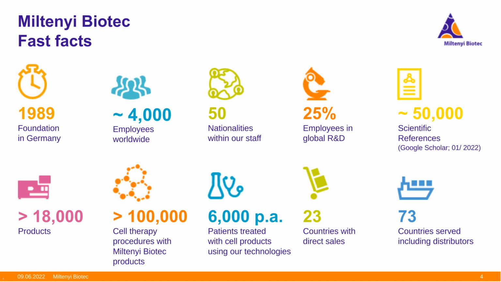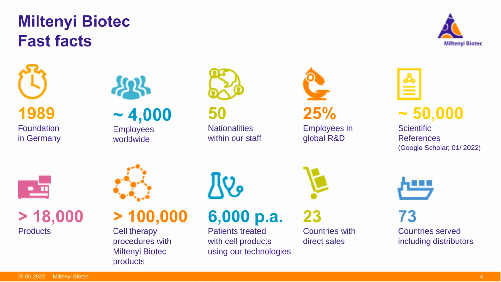The company has grown now up to 4,000 employees with more than 50 nationalities within our staff. And what I think is more important about Miltenyi is that we have a quarter of our employees working in R&D, so we are really pushing for innovation. We didn't stop since 1989, and we continue to push forward with innovations, not only in cell separation, but also in different areas of research.